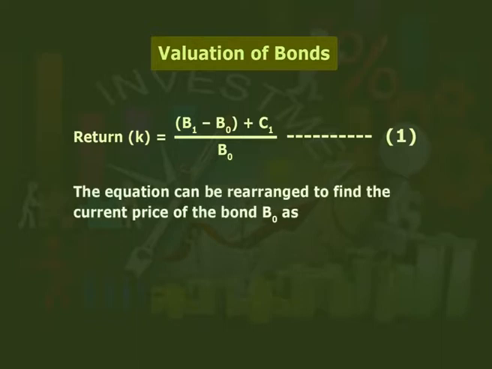The equation can be rearranged to find the current price of the bond B0 as (C1 + B1) / (1 + K), which will be our equation 2. We interpret this equation as the value of the bond today is the present value of future inflows from the bond.